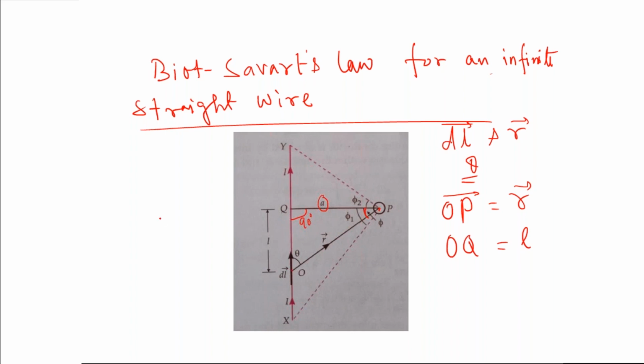Now I have to write the Biot-Savart law over here. I'll write the magnitude first; we can find the direction, that is all right here for the straight line.